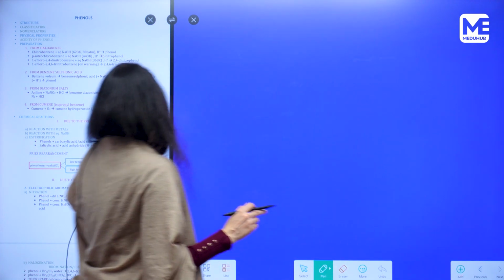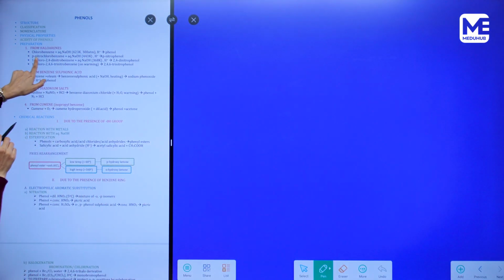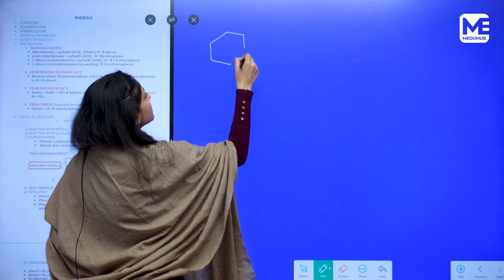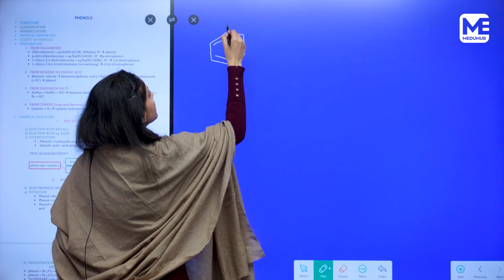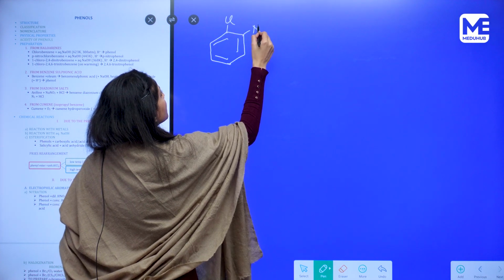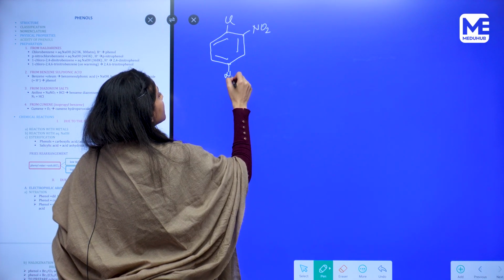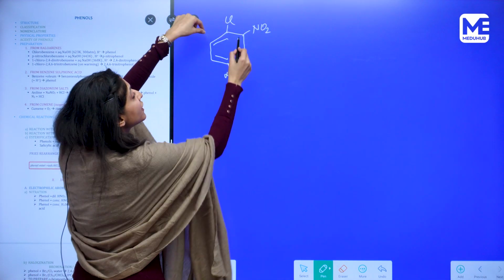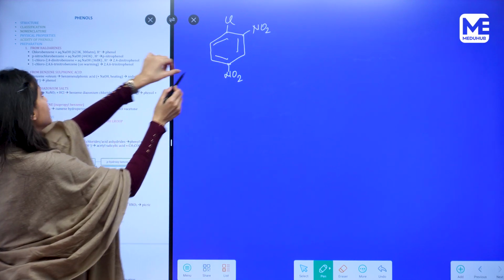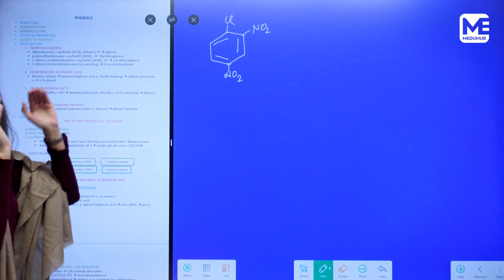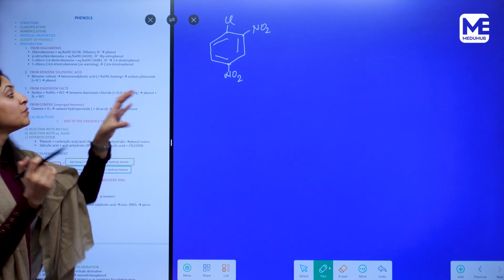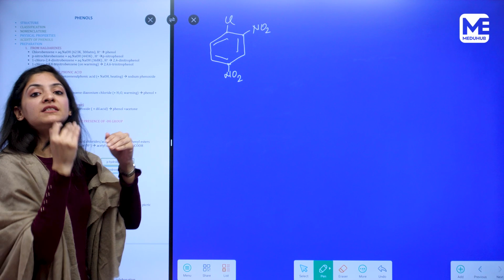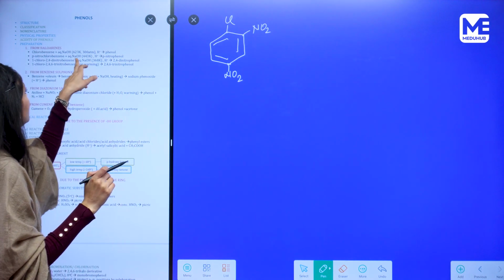Another example, if you take 1-chloro-2,4-dinitrobenzene, so this would be in this one, NO2 groups are at ortho as well as the para position. Here the conditions again become much milder because these two groups at the ortho and para positions make the substitution much easier.